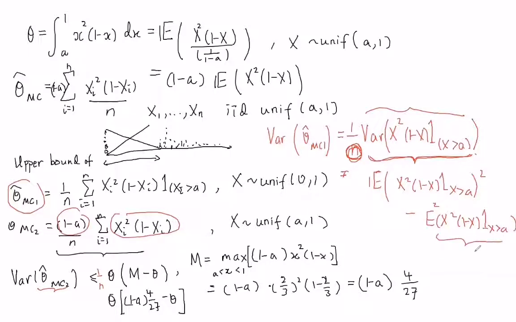So this is already known. This is basically just your theta, right? So this is just your Monte Carlo estimator, so the expectation is theta. So this is theta squared, right? So then you need to evaluate this part, okay? Now this part here is basically the integral from this, okay?